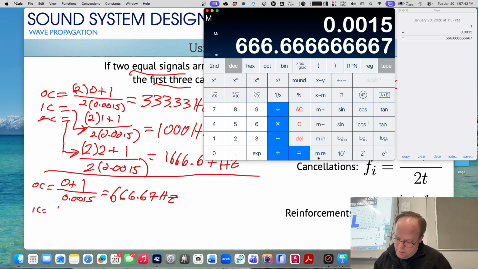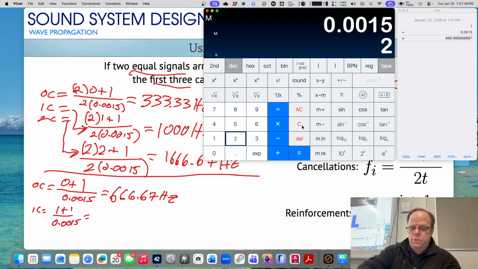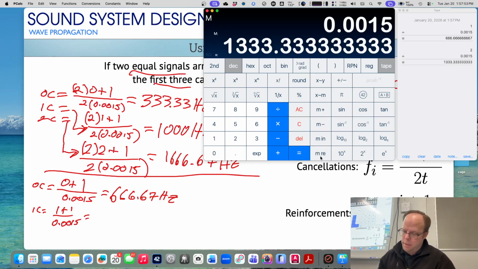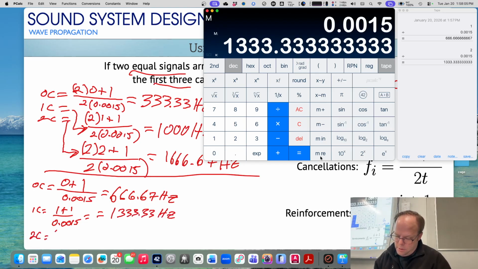1c is going to be 1 plus 1 divided by 0.0015. That would be 2 divided by that number, and I get 1,333.33 hertz. And then we do the next one, and that's 2 plus 1 divided by 0.0015.